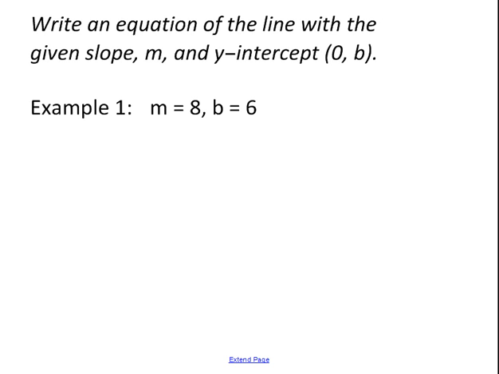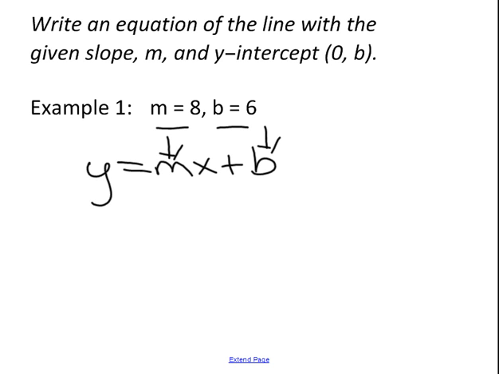So let's suppose I give you m, which is the slope, and b, and I tell you to write the equation. If you have m and b, you can use y equals mx plus b to write your equation. So you're going to replace your m with 8 and your b with 6.